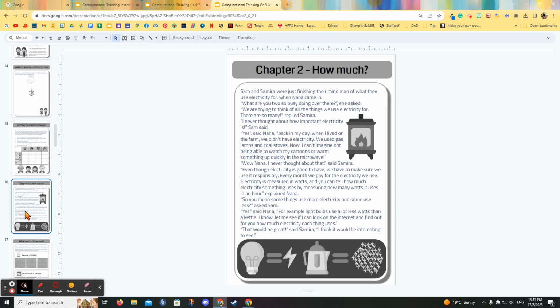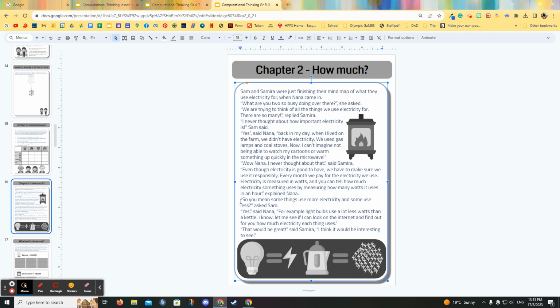Then chapter 2 is talking about how much energy we use. Nana's talking about back in her day when they didn't have electricity, and making sure to use it responsibly. They talk about how electricity is measured and how we pay for the electricity we use a month.